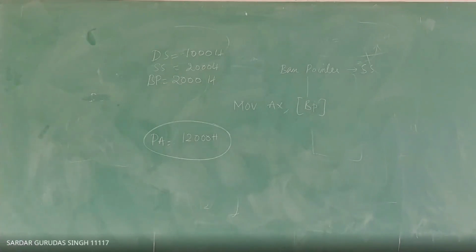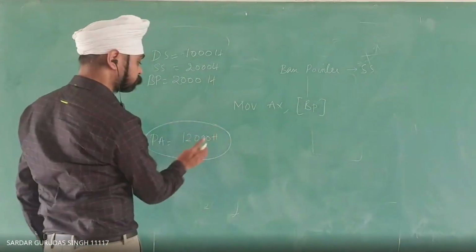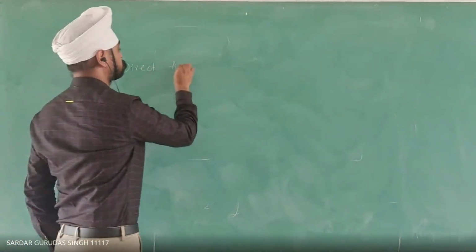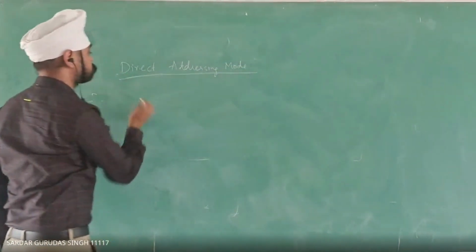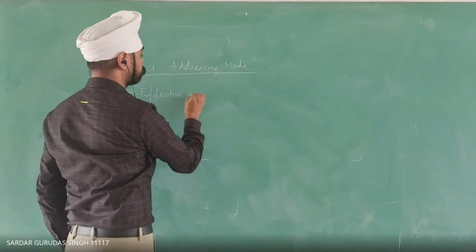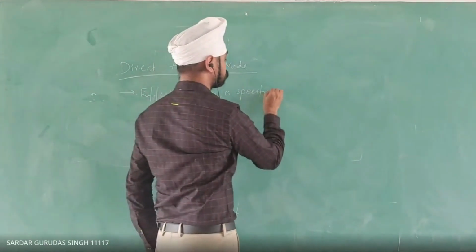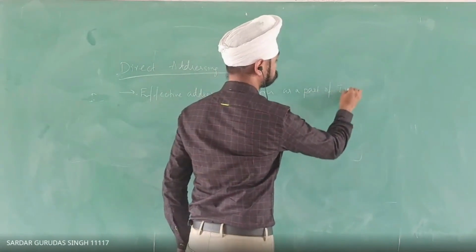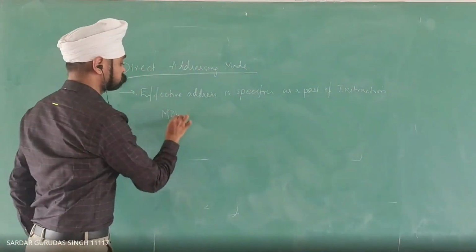Only rule number 236. Direct addressing mode is nothing but the mode in which the effective address is specified as a part of the instruction.